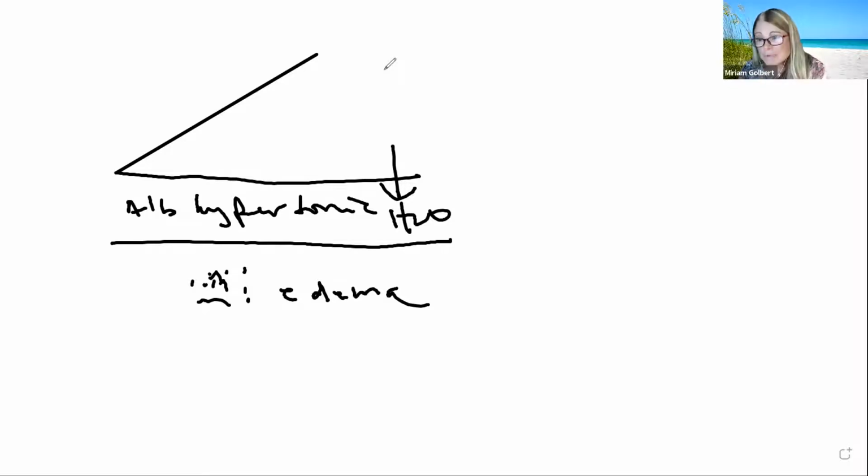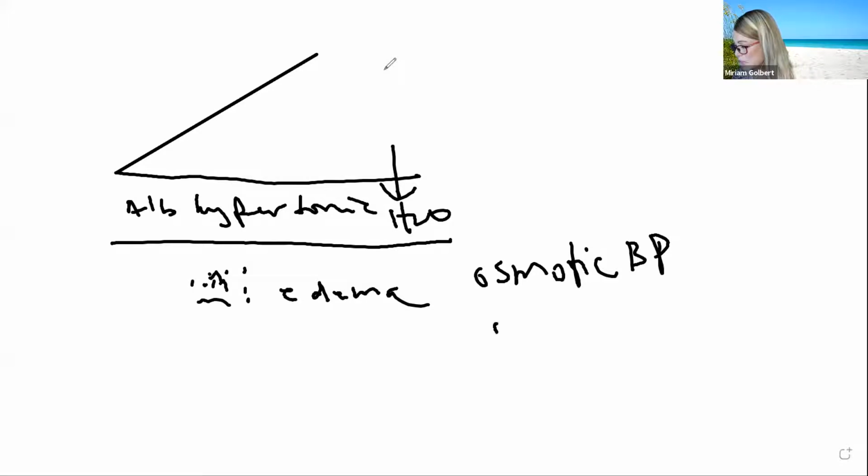So albumin makes the inside of our blood vessels a little bit more hypertonic so that we can always draw water in. And albumin doesn't move. Albumin needs to stay in the blood vessels. So that's what makes our osmotic blood pressure. Another name is oncotic blood pressure.